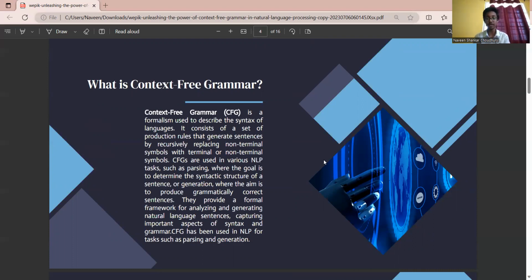They provide a formal framework for analyzing and generating natural language sentences, capturing important aspects of syntax and grammar. CFG thus has been used in NLP in multiple tasks, and the two most prominent ways are parsing and generation, which we'll be discussing in detail in this presentation further.